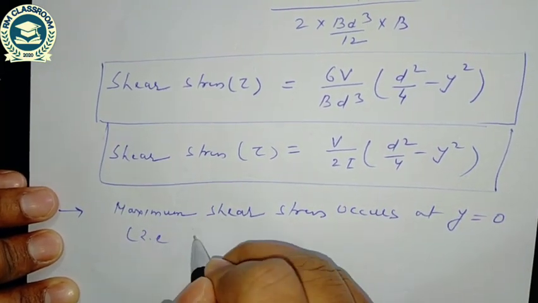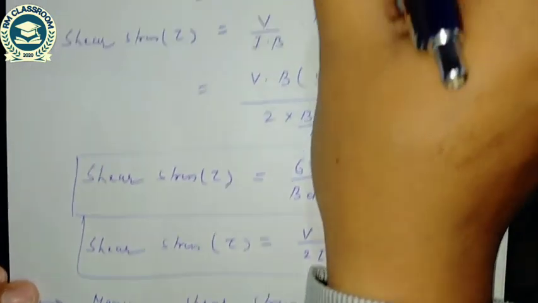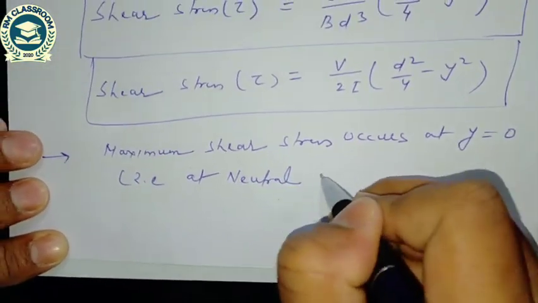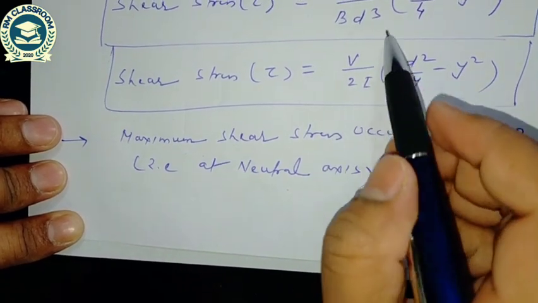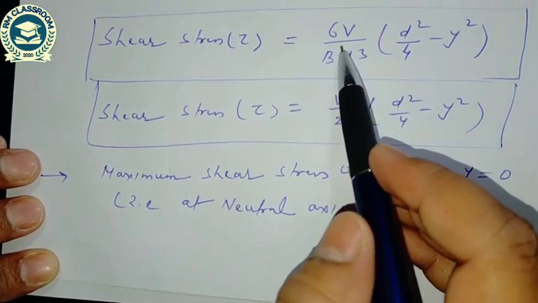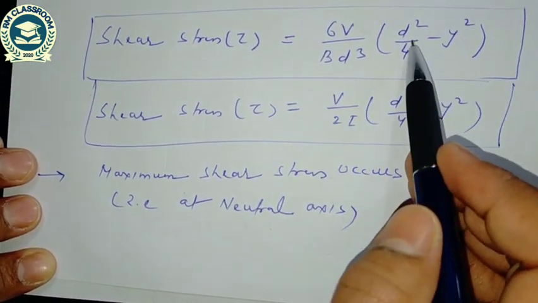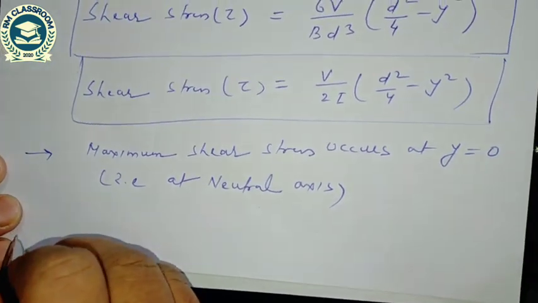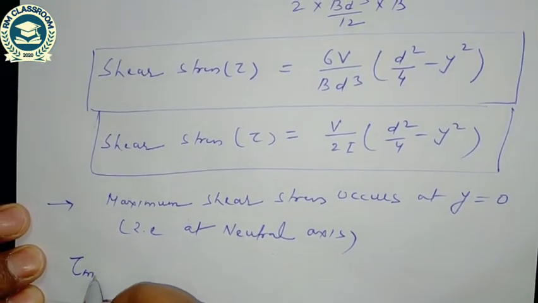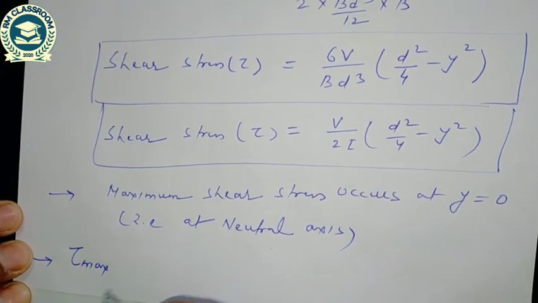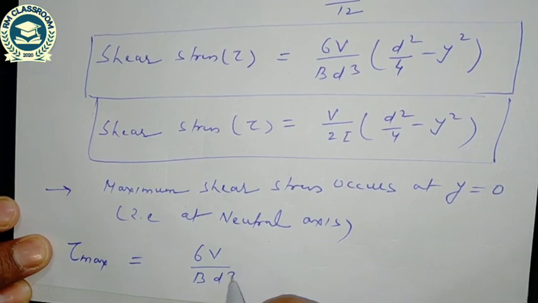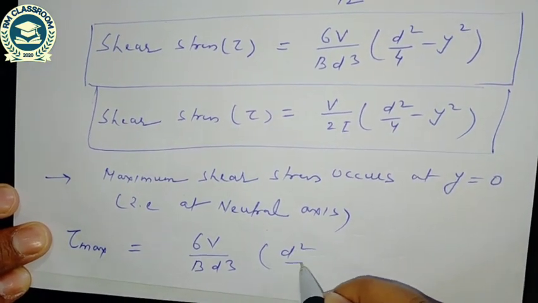That is, when y is equal to 0, that is at the neutral axis. So when y is equal to 0, the expression is 6V by B d cubed into d square by 4. So maximum shear stress, tau max, is nothing but 6V by B d cubed into d square by 4.